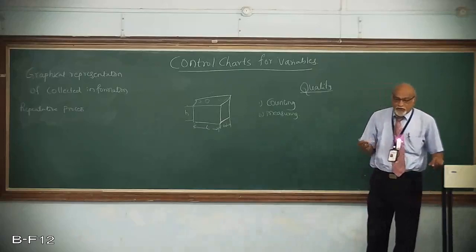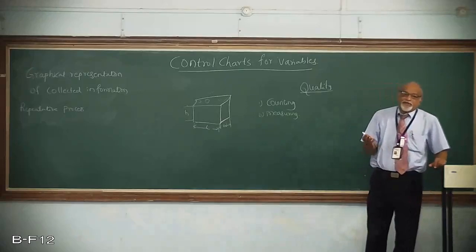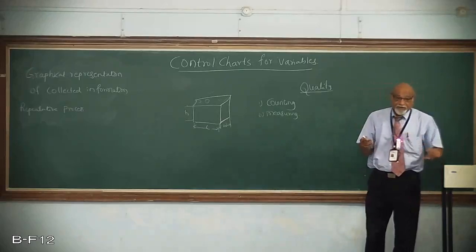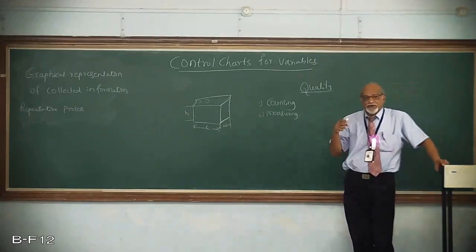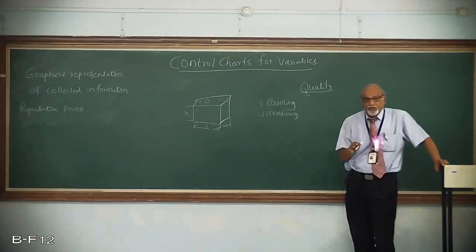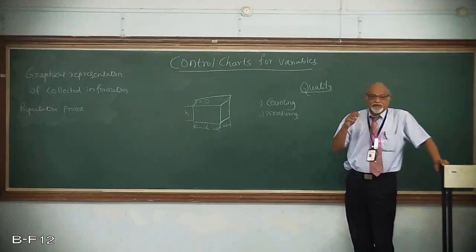Even if you look at people, the height of an Indian male might vary generally between 5 feet 3 inches to 6 feet. Everyone will not have the same height and other things.